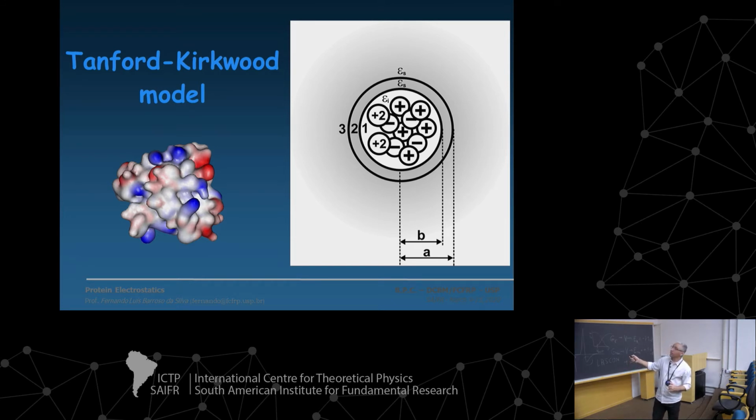You forget about any irregularity that you have in the surface, so you treat everything as just a single sphere, and inside you can put the position of specific titratable groups. Often, this is taken from crystallography data. If you have some binding ions, you can also include them, and everything should be inside this surface area, this spherical area. Outside here, we have the electrolyte solution.